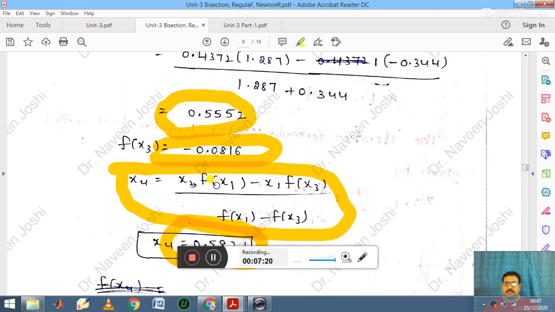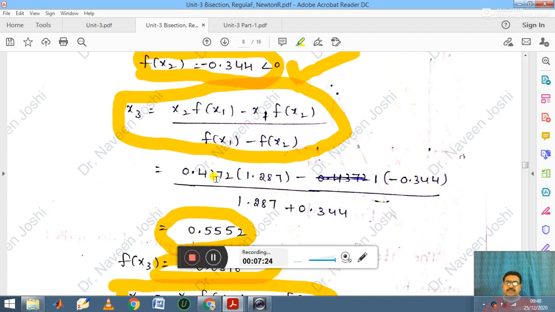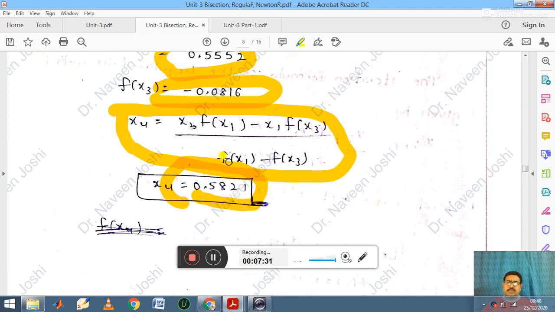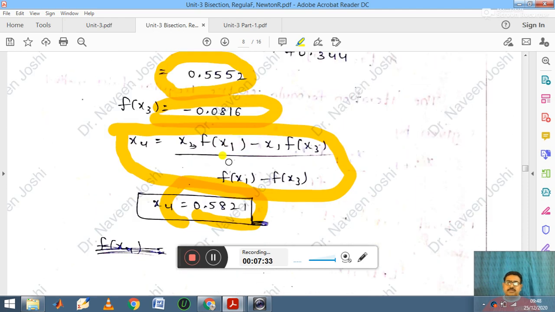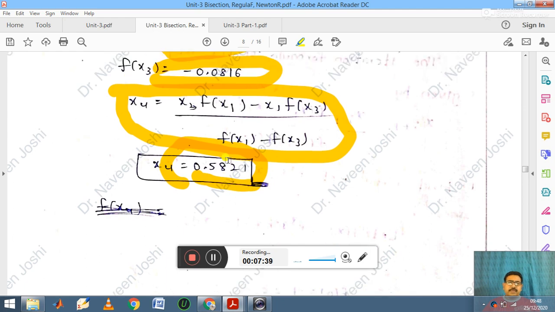What's your third iteration value? Sorry, second iteration is 0.552. So your third iteration 0.5821 means one digit after the decimal point is matching between the second and third iterations, right? Similarly, if you go for x5 and x6, that is the fourth and fifth iterations, you can match 2 or 3 digits after the decimal point.